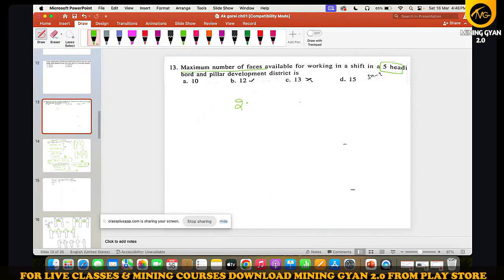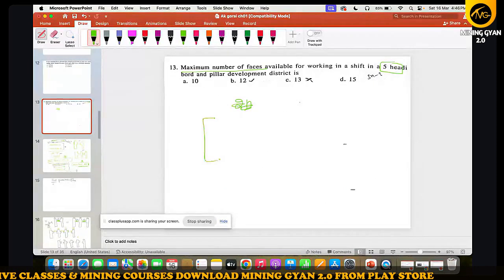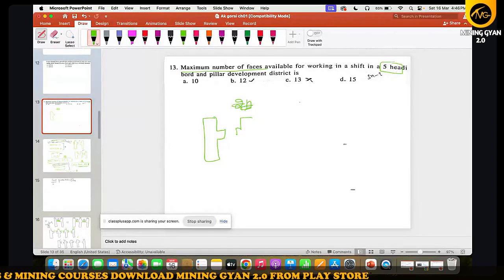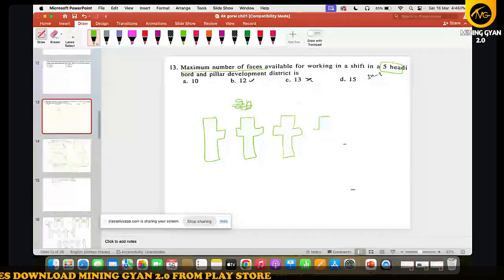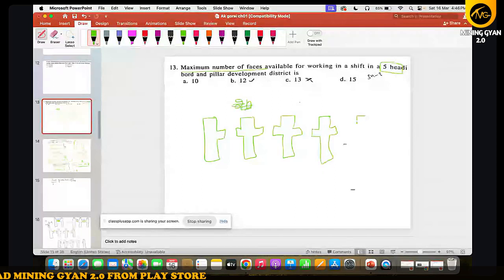Okay, so our formula for the maximum heading we have already derived, or if you forget the formula in the examination, then first go with the basic. Okay, now calculate each individual.